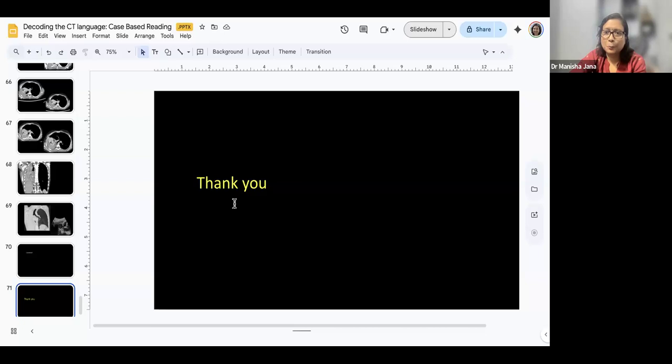Good breath hold is one thing. Whenever possible, whenever required, proper sedation or immobilization should be done. But whenever that is not possible, we should try a fast scanner. In such a situation, a fast scanner would help.